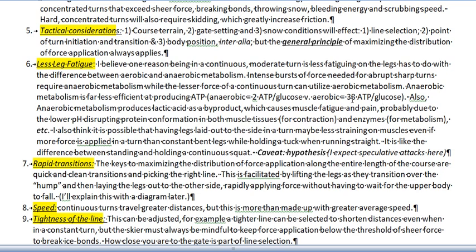Also, anaerobic metabolism produces lactic acid as a byproduct, which you then have to pump through your liver. What is that cycle called? Cori cycle? Yeah, I think Cori cycle, where you get rid of that lactic acid, which causes muscle fatigue and pain.